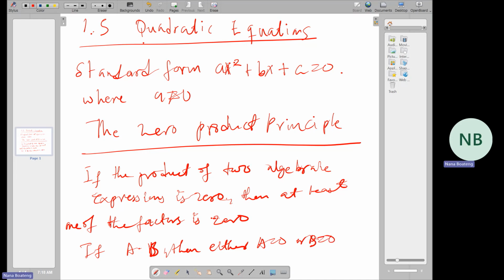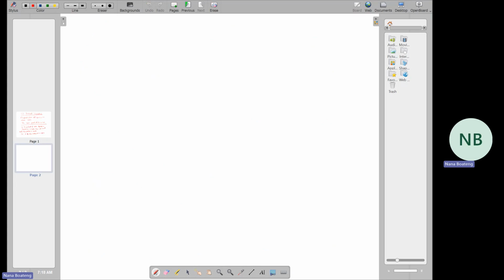So this is what the zero product principle states, and it will be helpful to us as we begin solving equations by factoring. Knowing the zero product rule will be helpful in us being able to find the x values once we do the factoring, as we shall see in the first example.